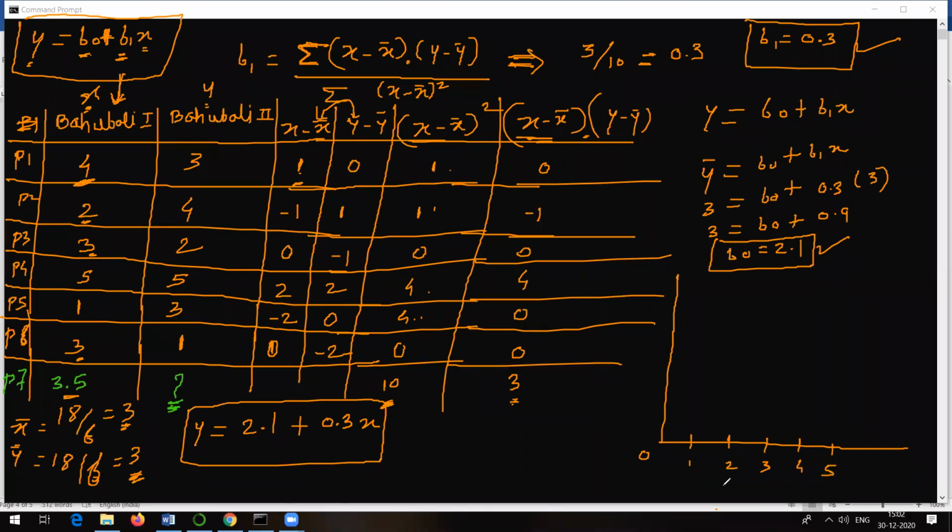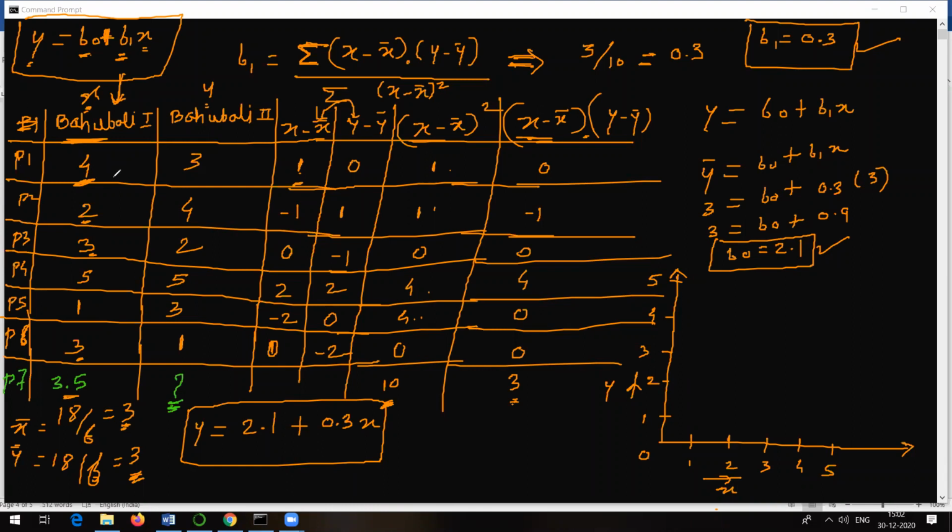So this is x, the rating given by the people for Bahubali Part 1. And this y-axis represents the rating given by the people to Bahubali Part 2. Similarly here, 0, then 1, 2, 3, 4, and then 5. Okay, so we have x and y axis here.